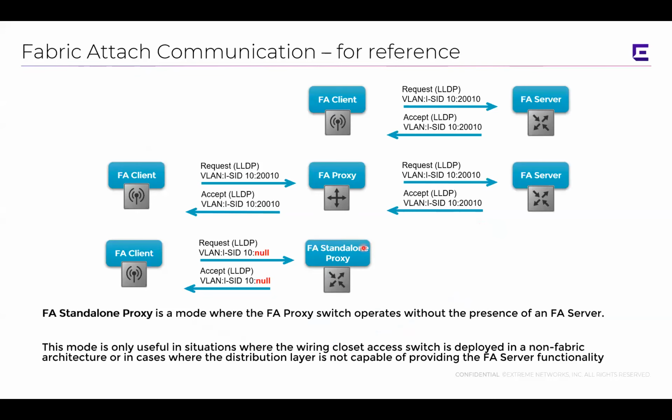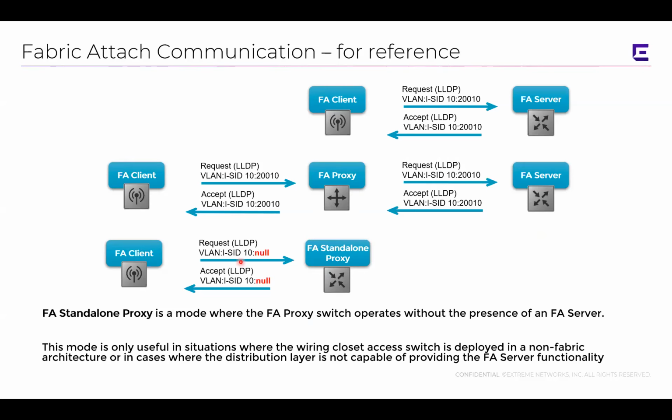One last thing that I will mention, and then I'm going to hand it over to Adam. We also have a special functionality called a Fabric Attach standalone proxy. In this case, in the picture, you don't see any FA server. This is more specific to the scenario where you don't have any SPB-capable device in your network. So the core, the distribution, it might be a legacy network, or it might be a third-party network where we don't have the Fabric Connect capabilities.